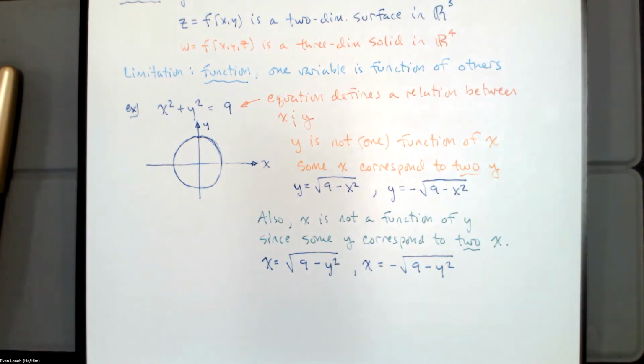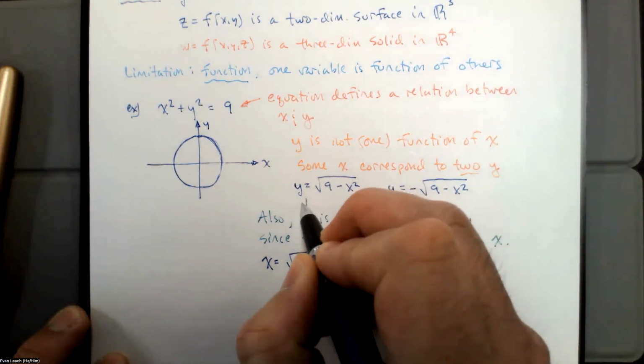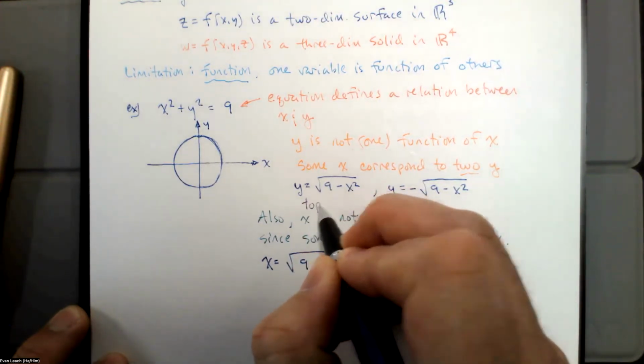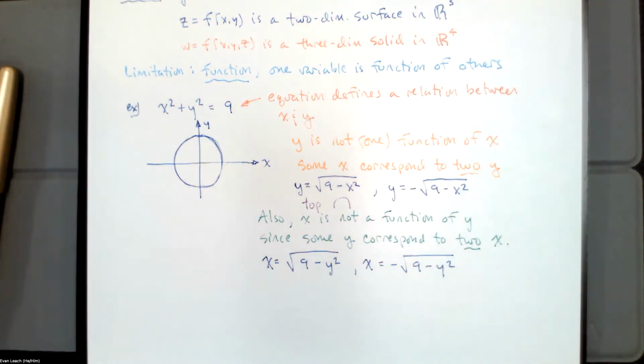So let's take a moment and see this: y equals the square root of 9 minus x squared. That represents the top half of the circle. The negative square root represents the bottom.